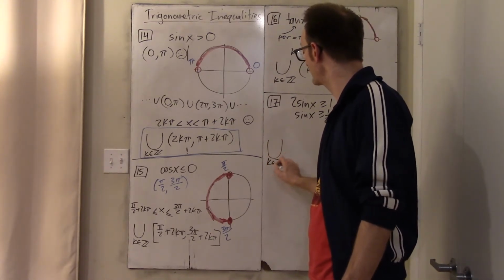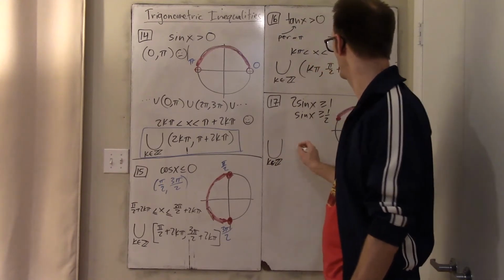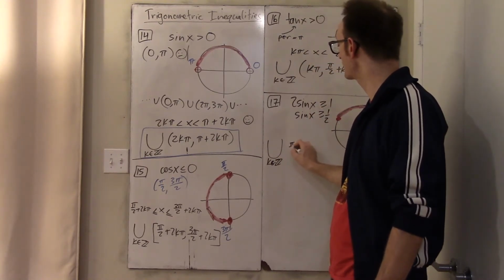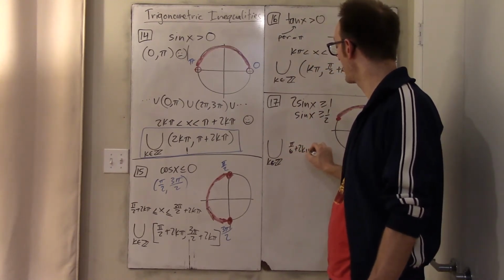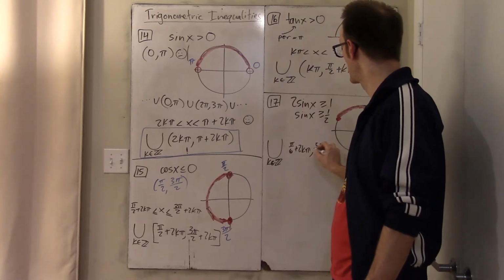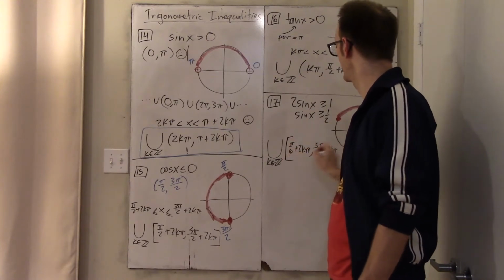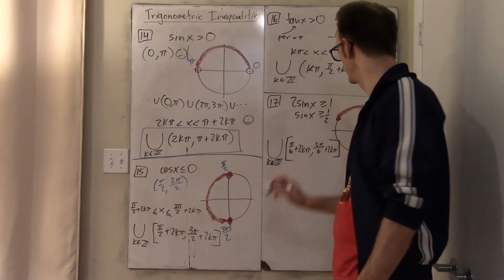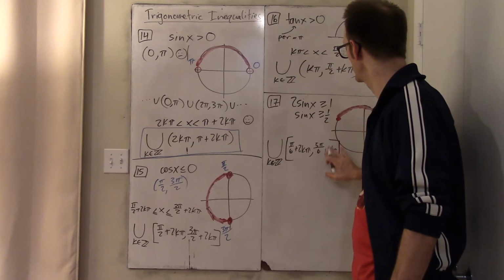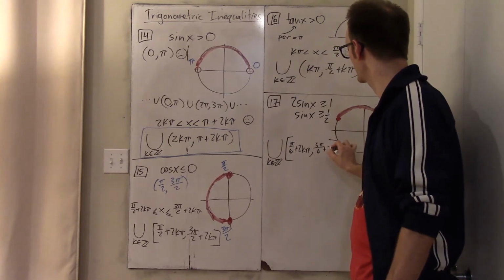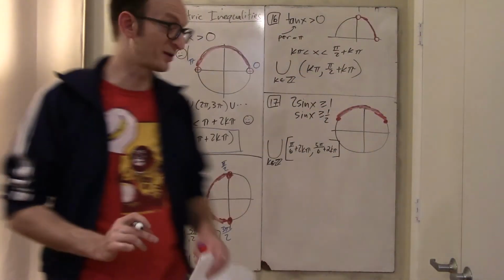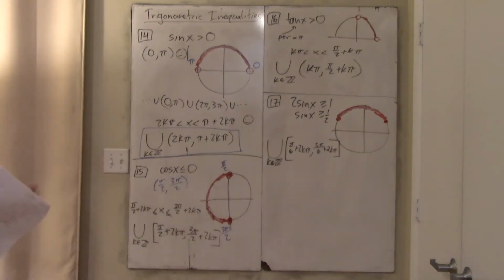It's going to be everything of the form pi over 6 plus 2k pi to 5 pi over 6 plus 2k pi. And these are greater than or equal to, so again I will use brackets, so I should think of this as a union of an infinite number of closed intervals, each of which is of this form.